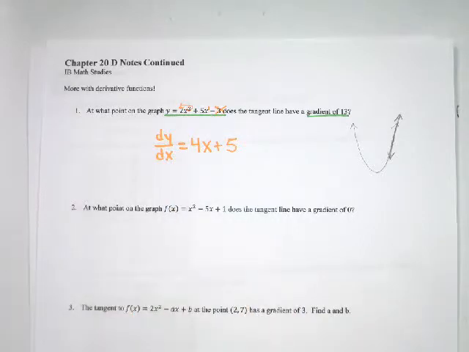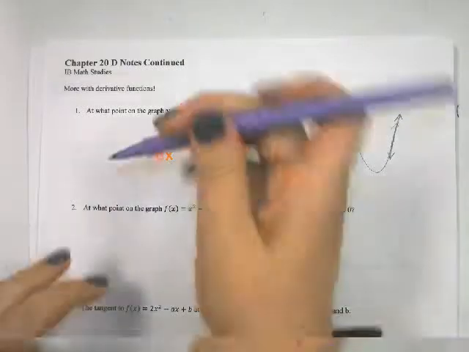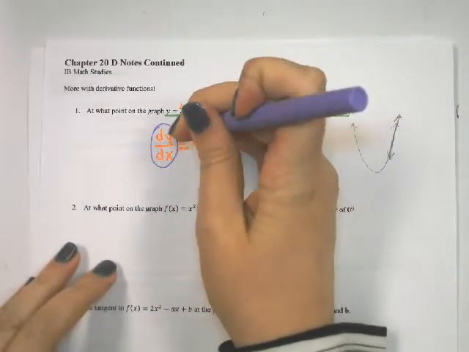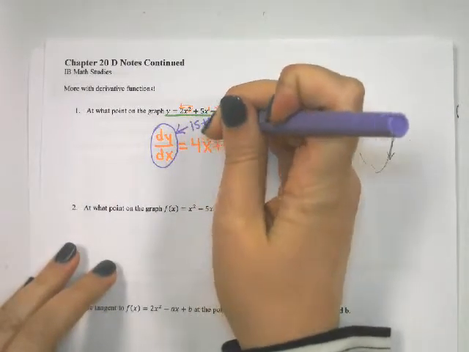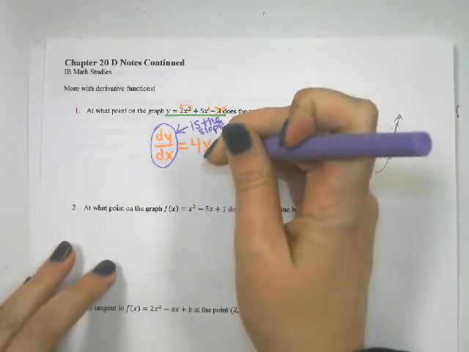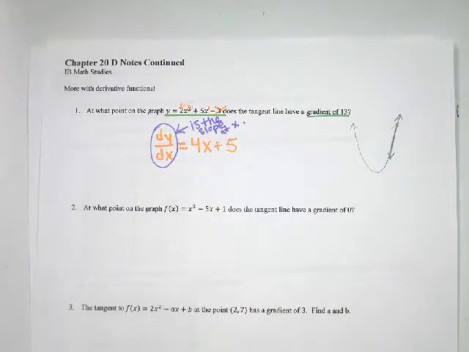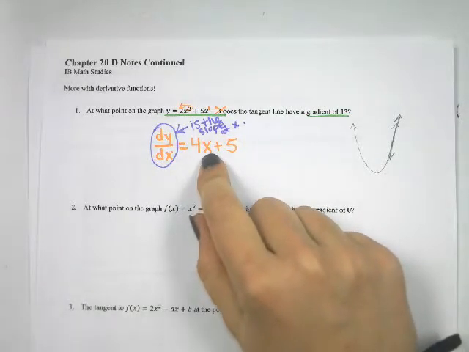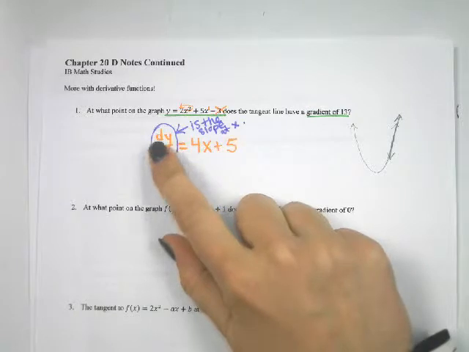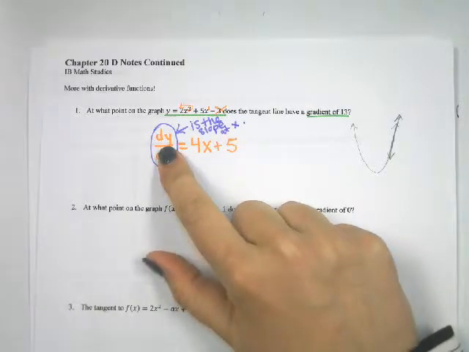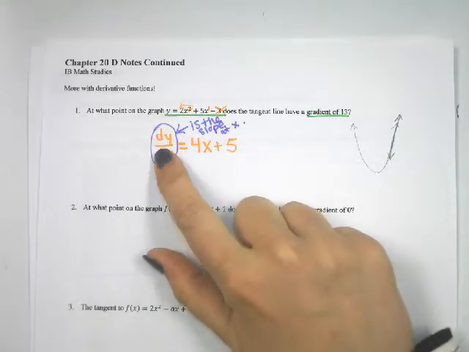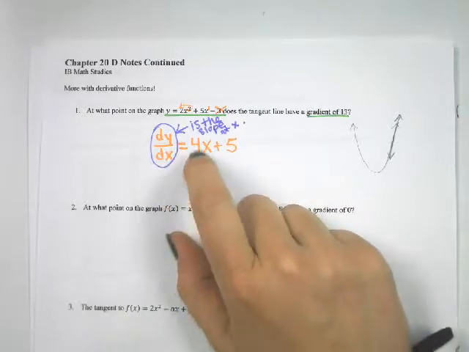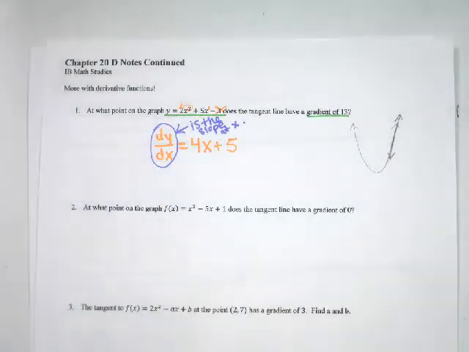We want to know where our derivative function is equal to 13. Remember, the derivative function here, this piece, is the slope at x. So at some point x, maybe at 2 or 5 or negative 6 or something, this is going to give us 13. We want to figure out at what point it gives us 13. So to do this, we're going to set that equal to 13.